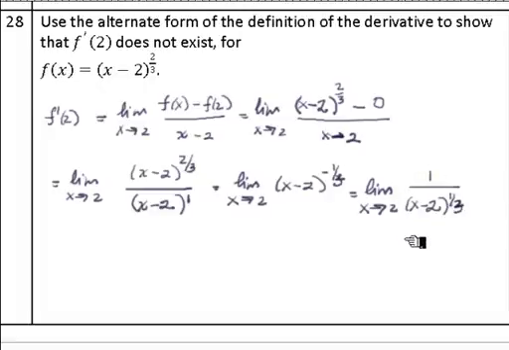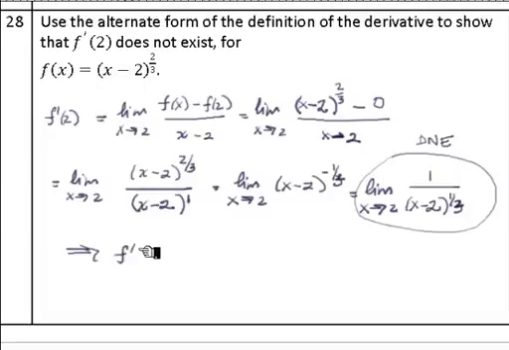So this is going to either infinity or minus infinity, because the x minus 2 is not going to cancel with something in the numerator. All right, so this goes to infinity or minus infinity. So this limit does not exist. Okay, and that is why f prime of 2 does not exist.